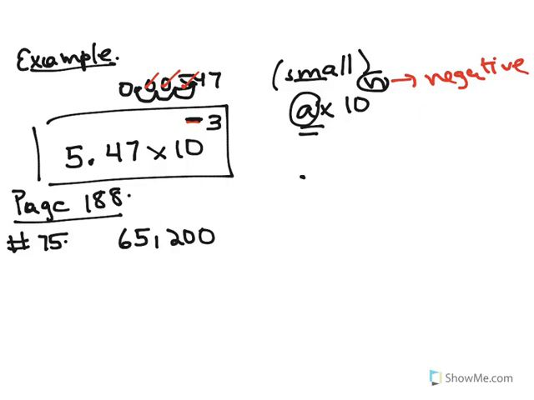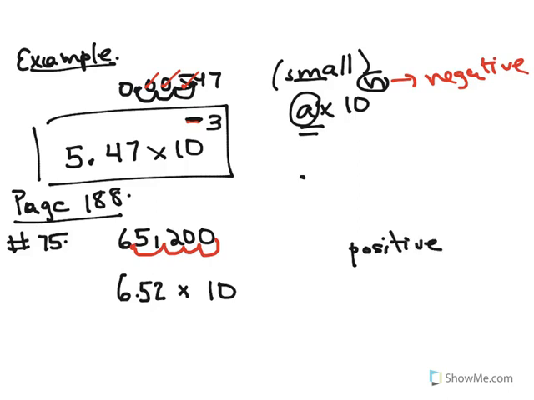Now remember the decimal point is right here. I'm going to move it, right? Now I have the number 6.52 and I'm going to multiply it times 10 to a power, and this power is going to be positive because this number right here is a large number.